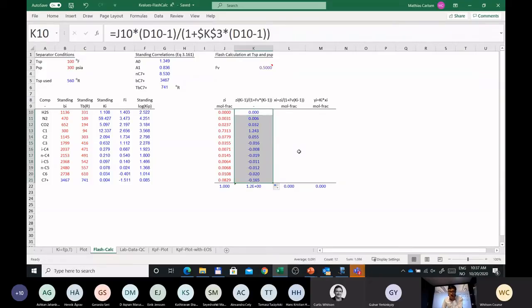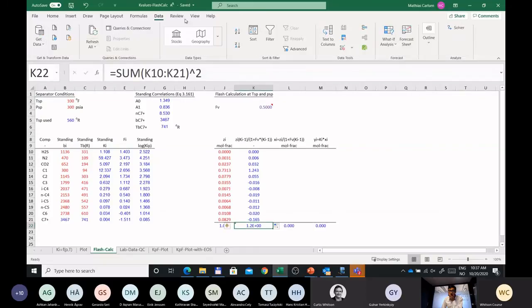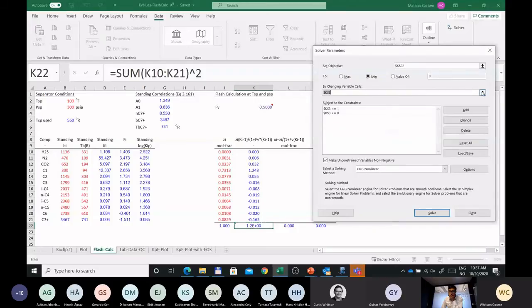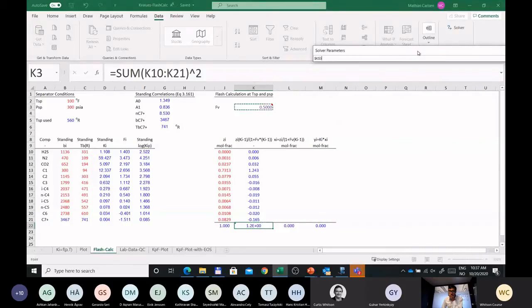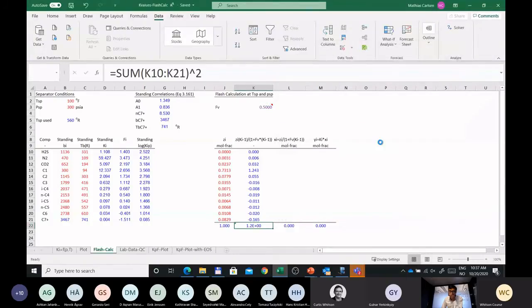So we have these values calculated, and now we will try to minimize this function using the solver, which we can find in this data menu. We have the solver, minimize this function by changing this y here, and then solve.